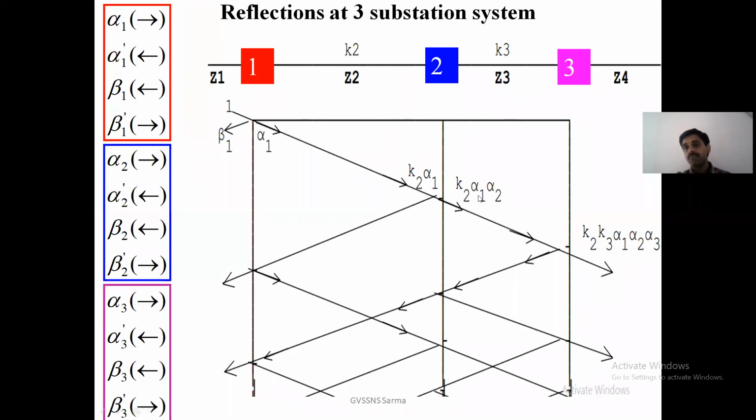Therefore, K2 alpha 1 alpha 2 into K3 into alpha 3. Like this, you can observe at different junctions, by using these attenuation factors and reflection coefficients, how the wave is experiencing the different values.